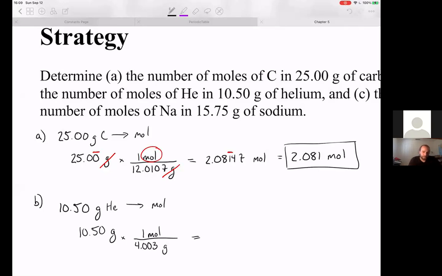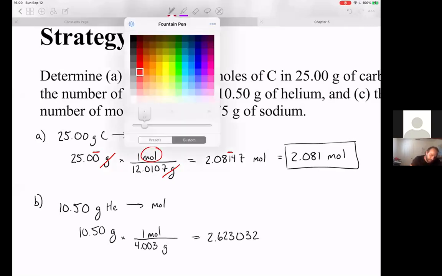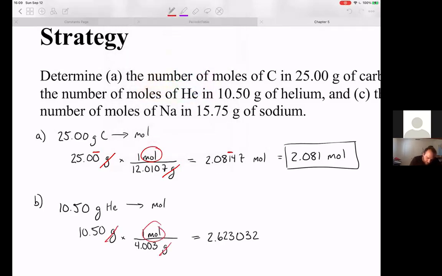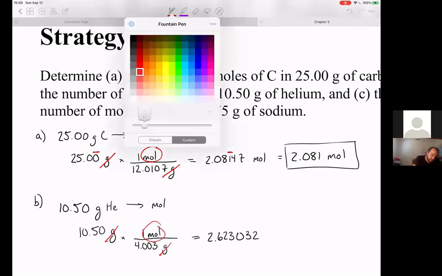Again, step 1, just punch it into your calculator, see what comes out the other side. I get 2.6236233032. I'm going to go through and look at units. Grams cancel, and I'm left with moles. Good, that's what I want.